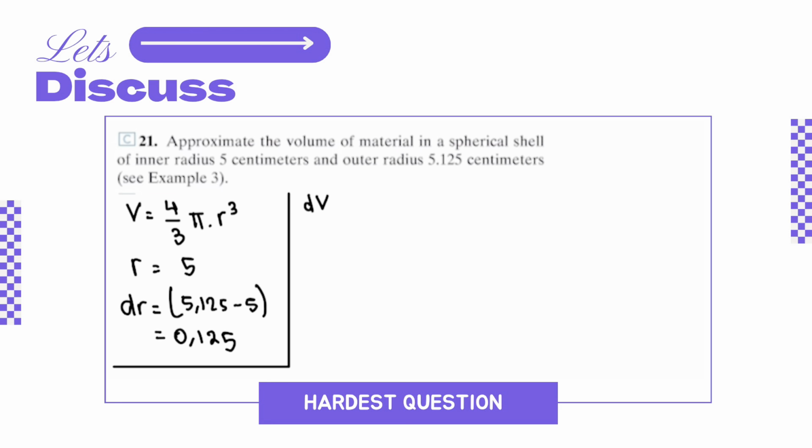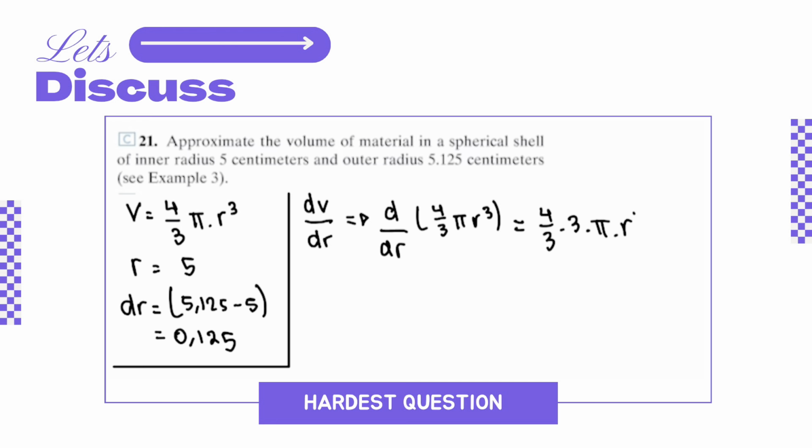So for dv, we can first do that by finding the derivative of the volume with respect to the radius. So we know that dV/dr of 4 over 3 pi r cubed, we can change that to become 4 times pi times r squared.